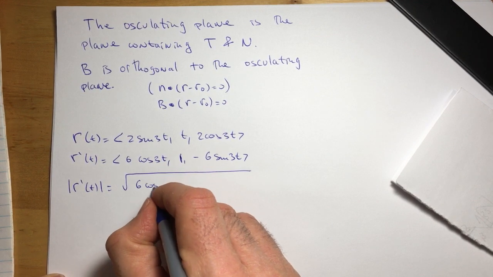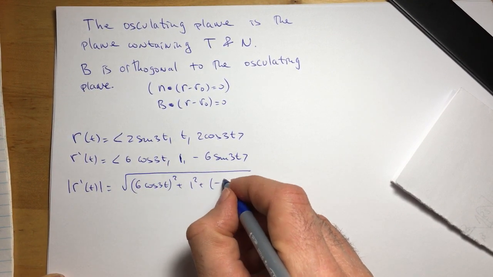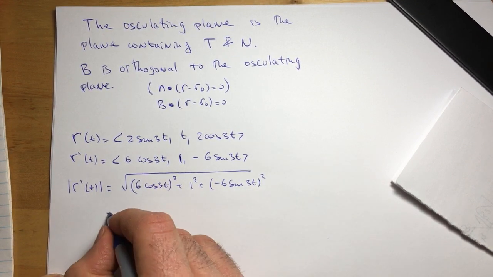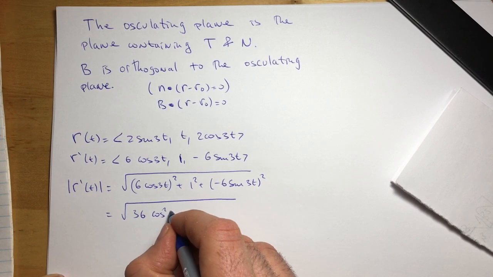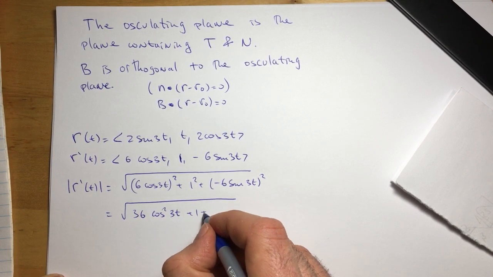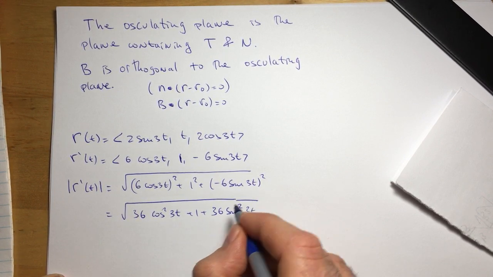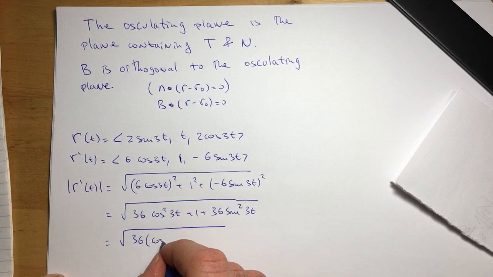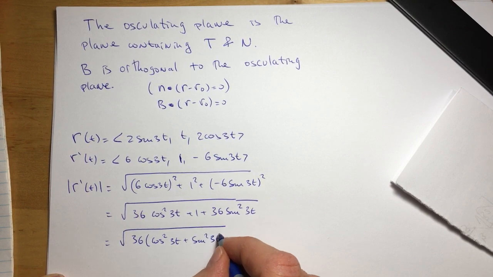That's the square root of 6 cosine of 3t squared plus 1 squared plus negative 6 sine of 3t squared. That's the square root of 36 cosine squared of 3t plus 1 plus 36 sine squared of 3t, which is 36 times cosine squared 3t plus sine squared 3t, plus 1.